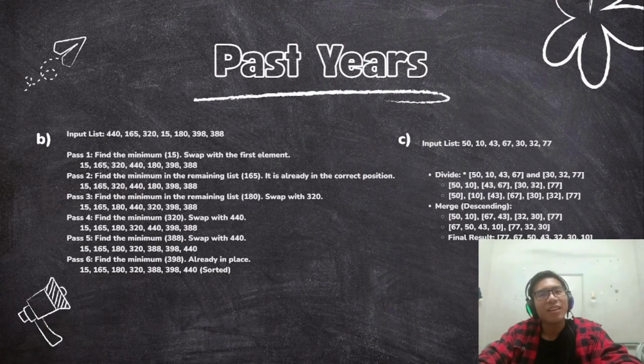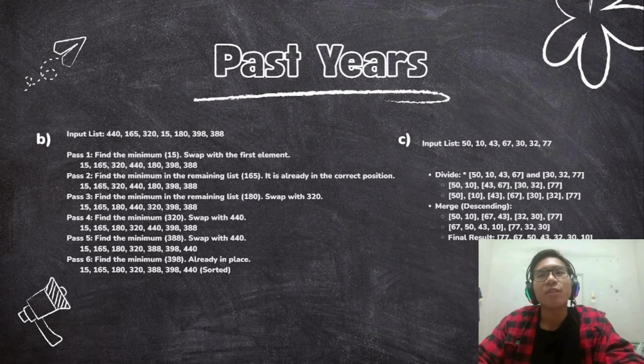For pass 3, 180 is swapped with 320. For pass 4, 320 is swapped with 440. For pass 5, 388 is swapped with 440. For pass 6, 398 is already in place, so not changed.